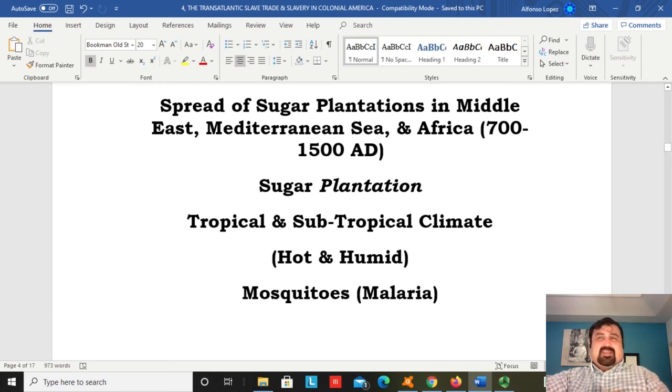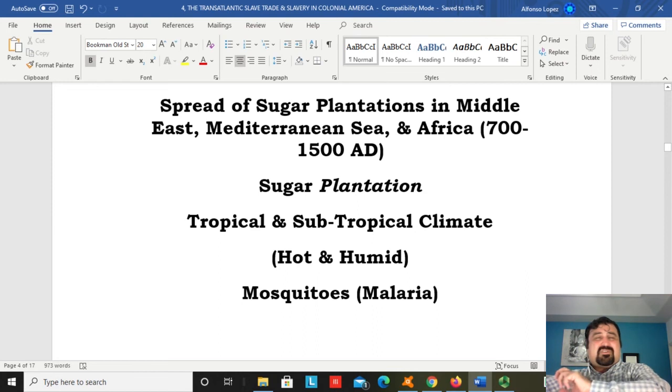And this is a product that virtually everybody, regardless of age, from children to adults to people of advanced age, finds the sweetness of sugar to be irresistible. So it found an immediate demand everywhere this plant was introduced, and there's going to be a market for that. So we're going to see the commercialization of sugar that led to the so-called sugar plantation.